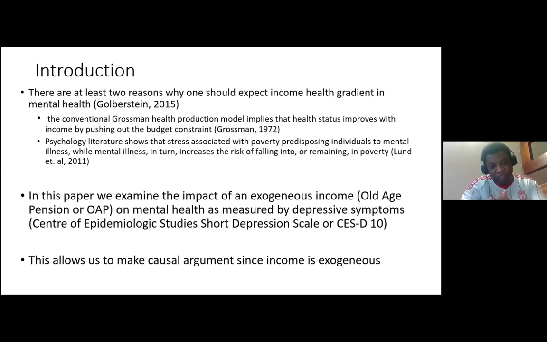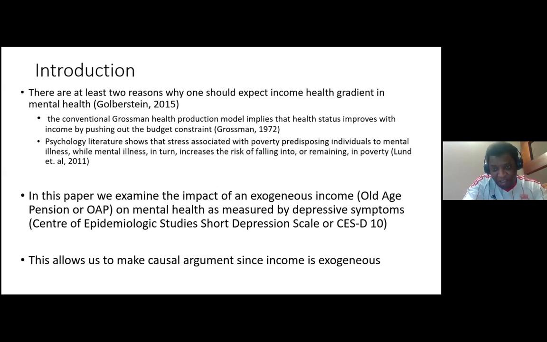Another important explanation is that the psychology literature has shown that stress associated with poverty can predispose individuals to mental health problems, while on the other hand, mental health in itself in turn increases the risk of falling into and remaining in poverty.